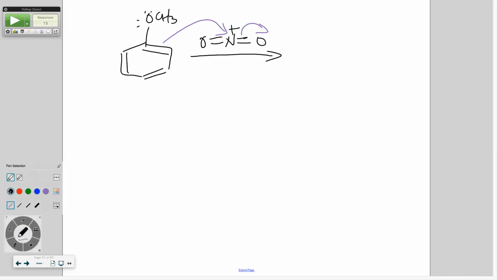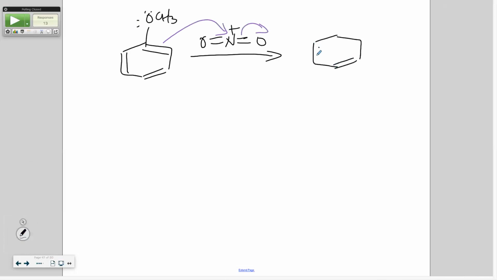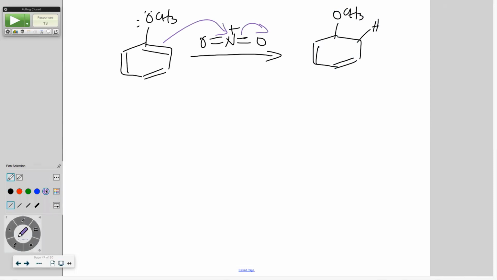The thing is linear. So if I draw out one of the things, I'm not going to draw all of them this time. Over here, I'm going to have my NO2. And where's my plus? It's right here, right? And look what happens.